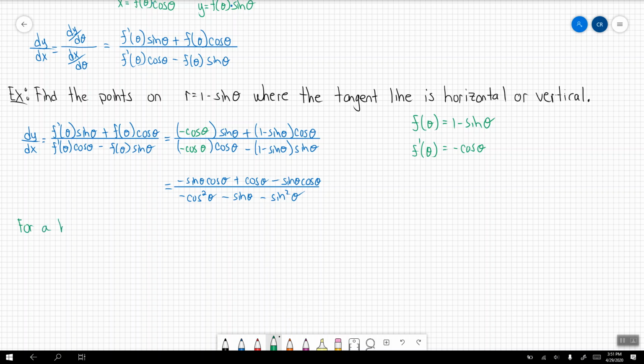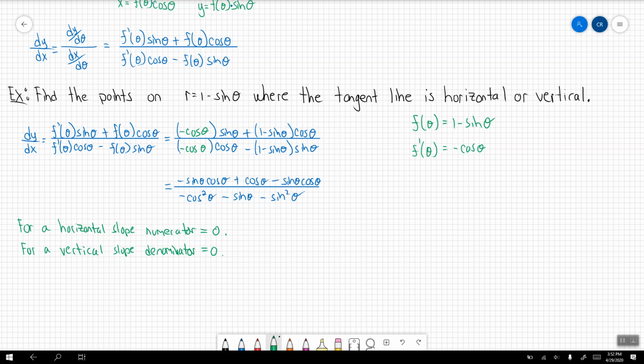For a horizontal slope, the numerator must be equal to 0. For a vertical tangent, or a vertical slope, or vertical tangent line, the denominator must be equal to 0.